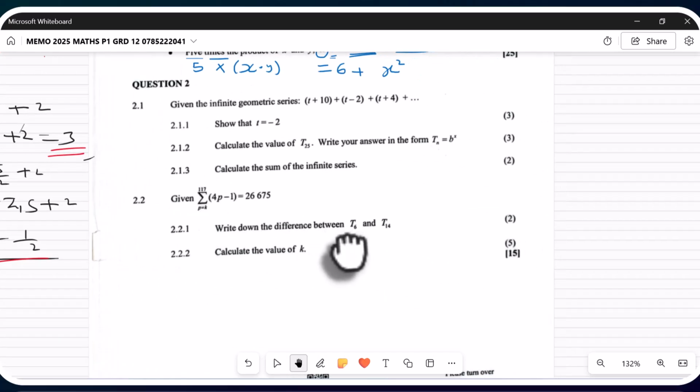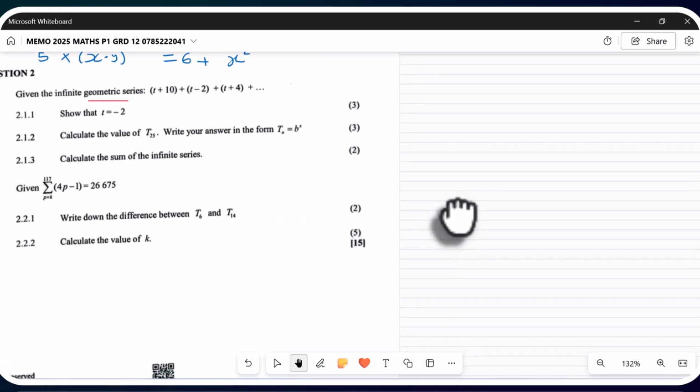Okay, so now the common ratio is given by what? By t2 divided by t1 equals t3 divided by t2. Okay, so if I cross multiply here, my t2 times t2 equals t1 times t3.